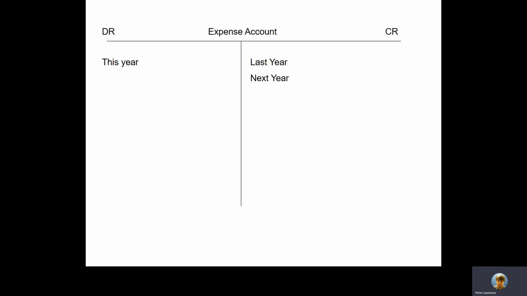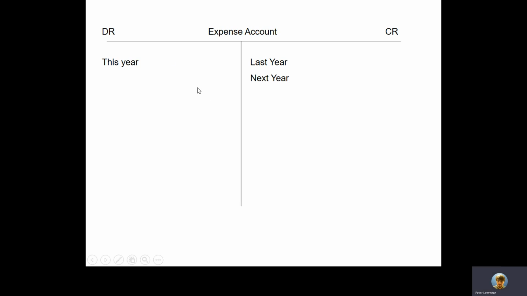So just as a little example, we might have paid £8,000 for rent during the year. All right, so we would credit the bank, debit the expense account. But if we have £2,000 extra that we still haven't paid for, we would still need to debit the expense because we would need to show the amount we have used of that expense in the current financial year.